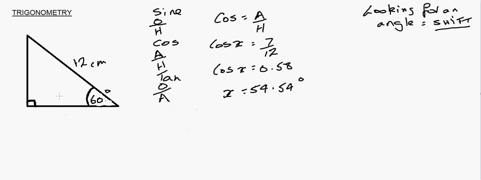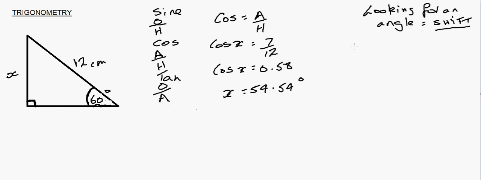And we're looking for this side here. We need to find this side. So, although we haven't got this side, we're dealing with this side. So we're dealing with opposite and hypotenuse. So again, we go down here, opposite and hypotenuse is sine.